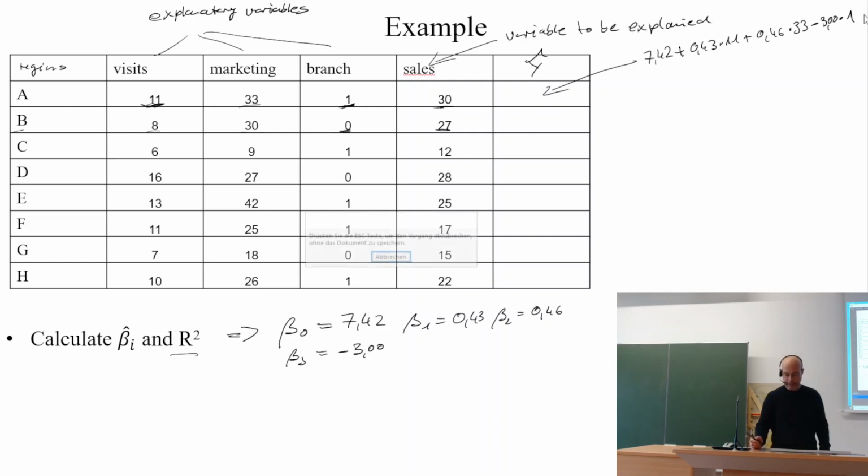Well, and what is the interesting result here is that these two numbers are positive. So from our data set, we can say that increasing visits and increasing marketing instruments will descriptively also increase our sales volume, but that the last coefficient, whether we have a store in our city or not, has a negative impact on our sales volume.